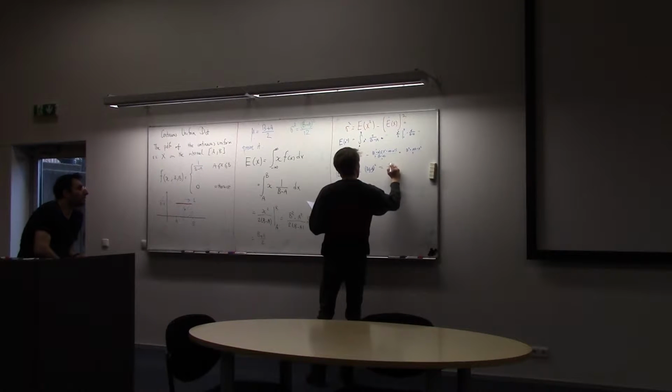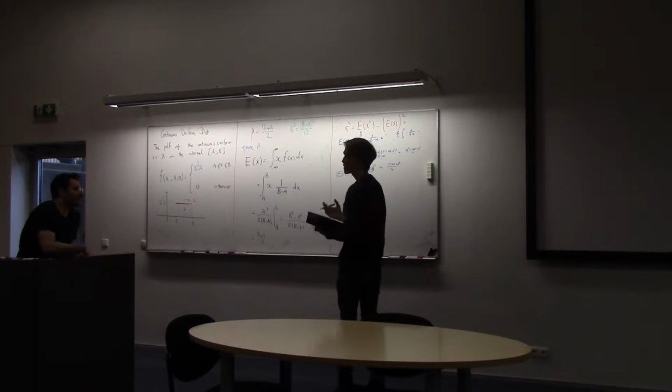B squared plus A squared plus 2AB. Yes, you have to write this one. Now you see it?